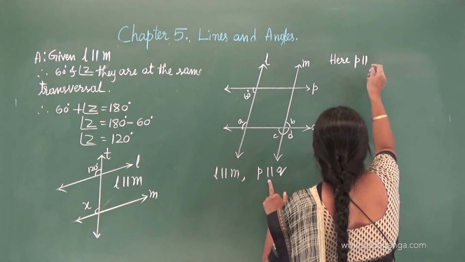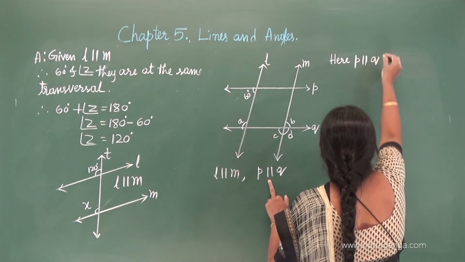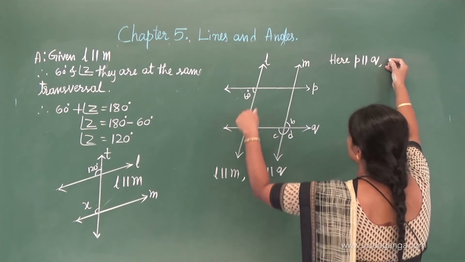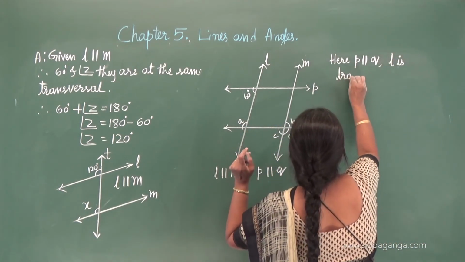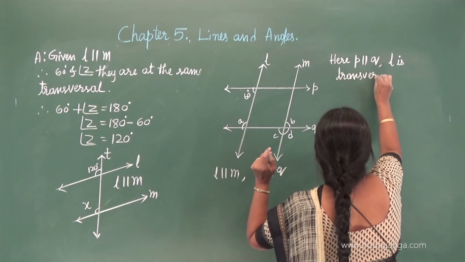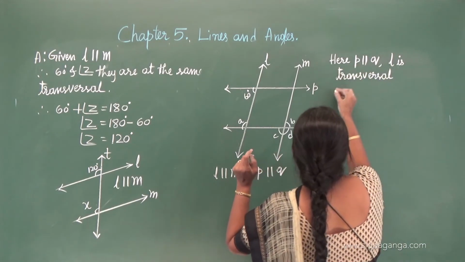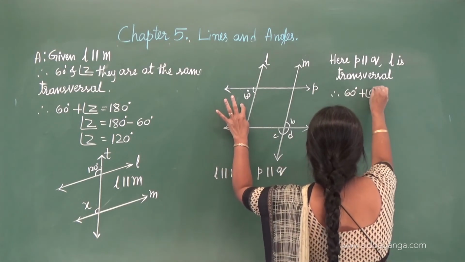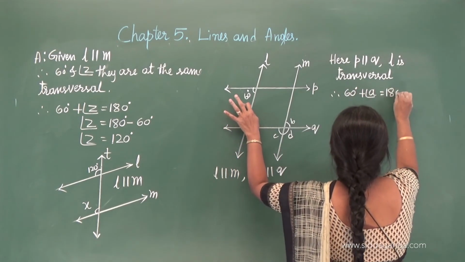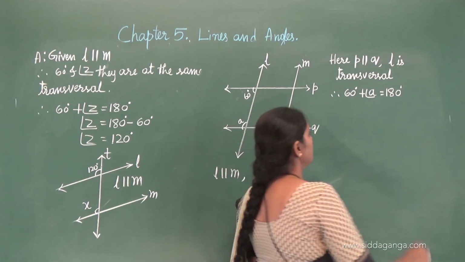Given that P parallel to Q and L is transversal. Therefore, 60 degree plus angle A is equal to 180 degree.